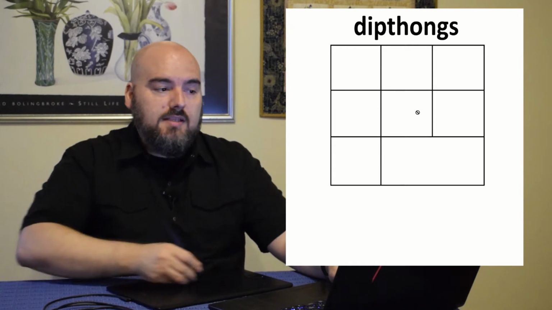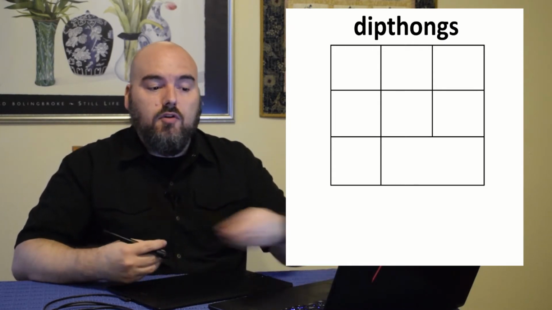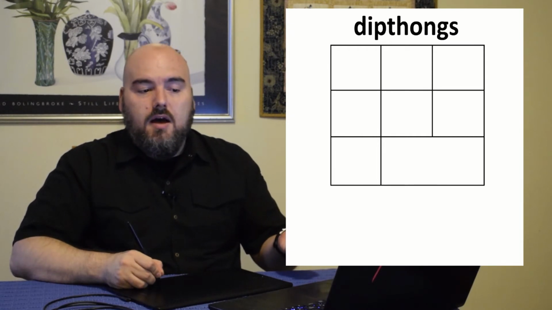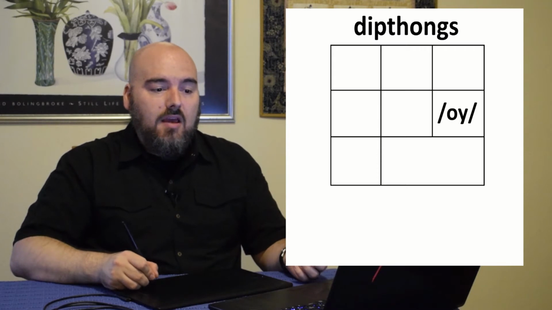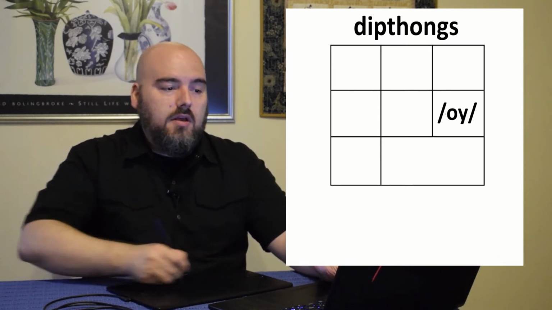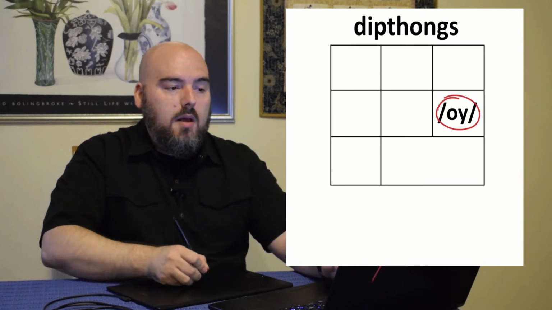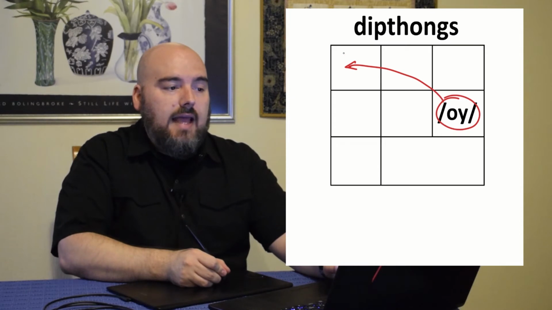So for example, instead of just going from one box to the next, it's actually traversing many more boxes. An example of this would be oi. So the oi diphthong starts off right here. It starts off in O, but it moves all the way over to this box to end up in E.